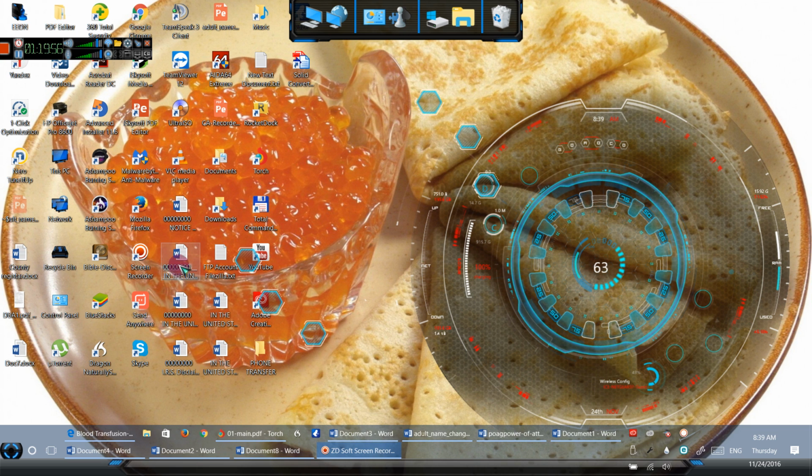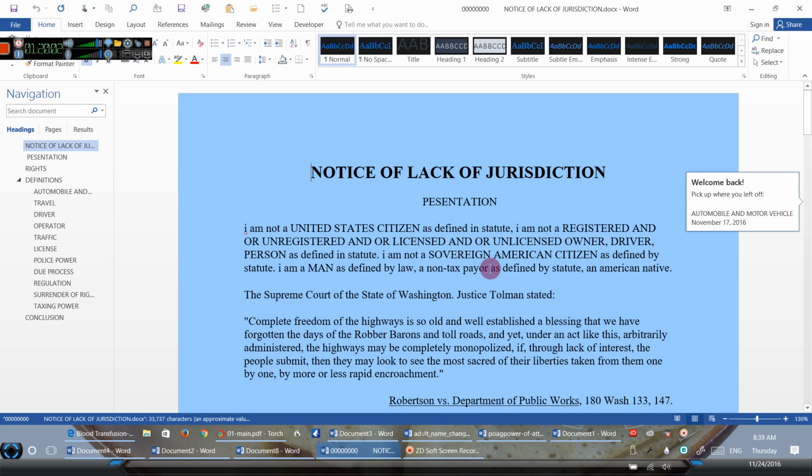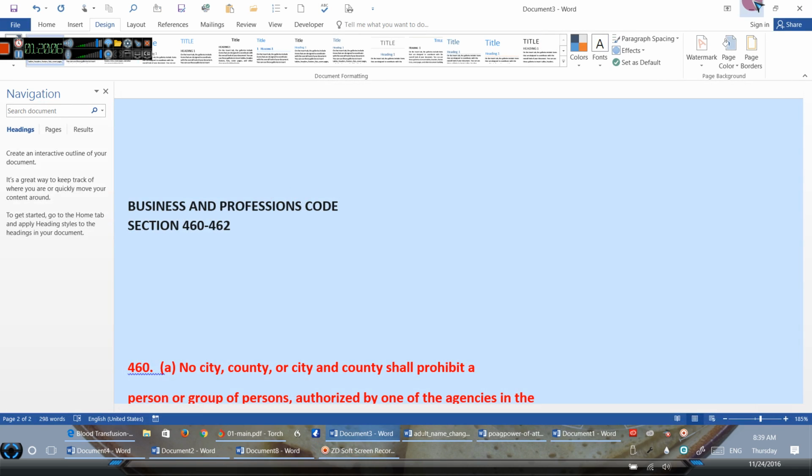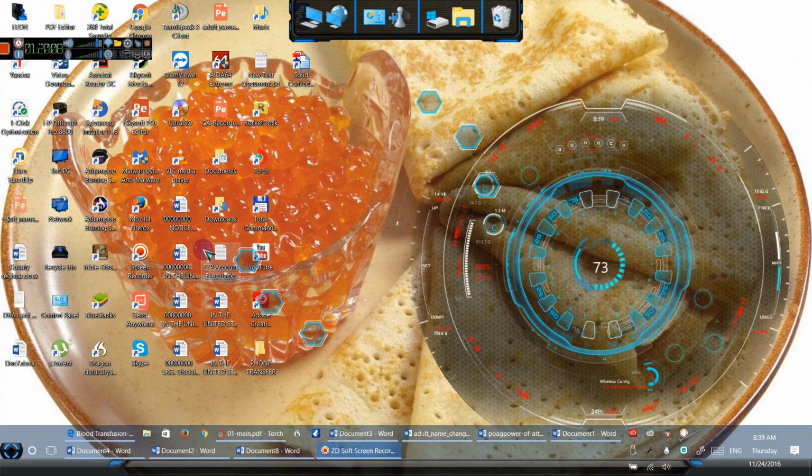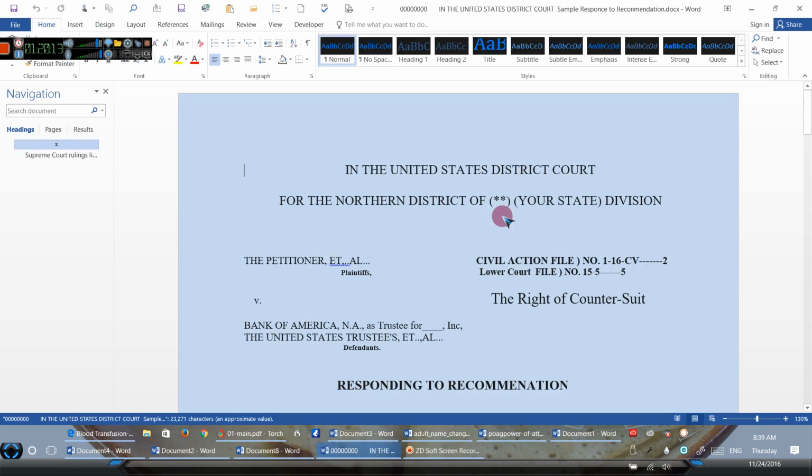Dang it. I think this is it, but it may not be it. No, this is notice of lack of jurisdiction. Dang it. No, I have to look for it a different way. Let's do this one. The only problem is... Okay, I can do it this way.